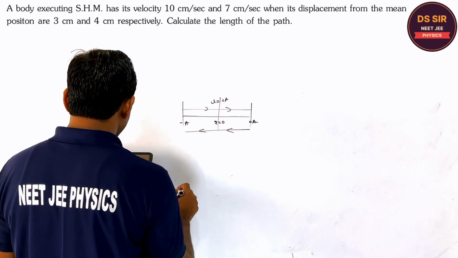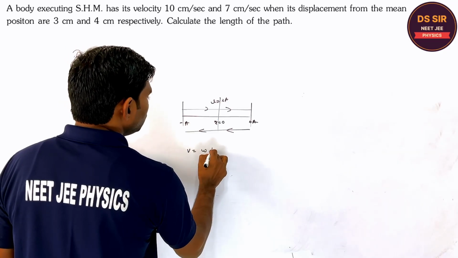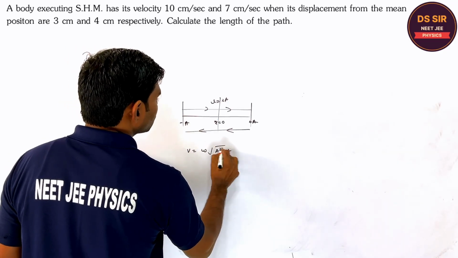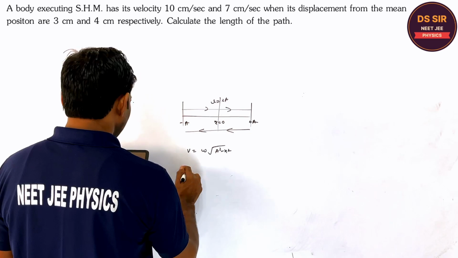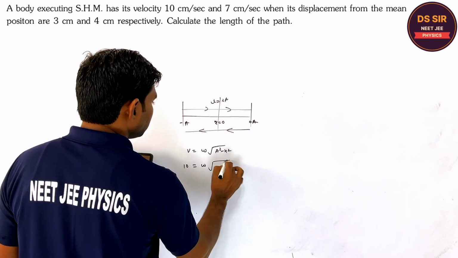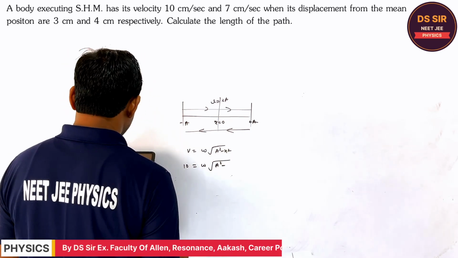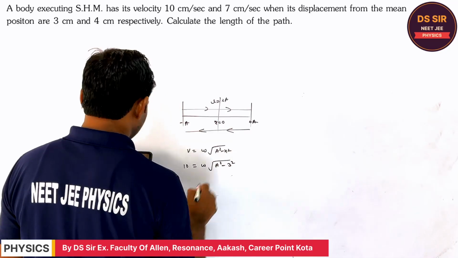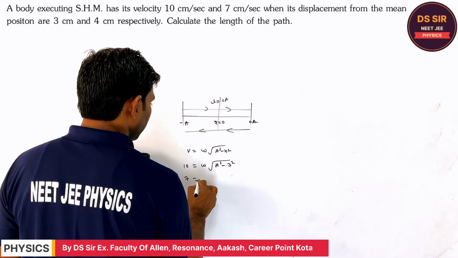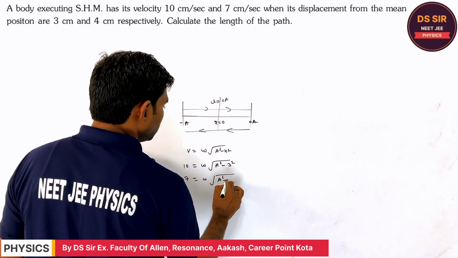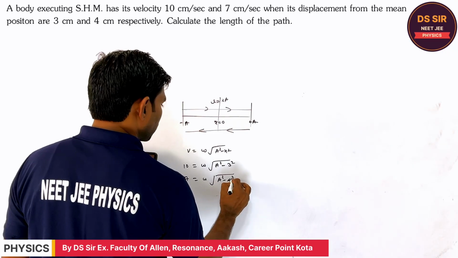And they have given the velocity. We will use this formula, v = ω√(A² − x²). The velocity is 10 centimeter per second when the displacement is 3, and velocity 7 when the displacement is 4.